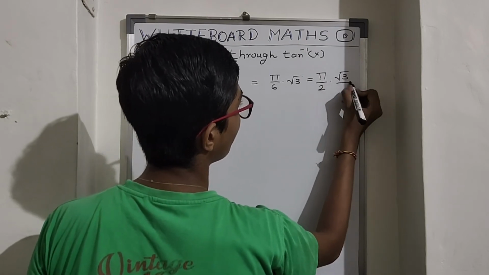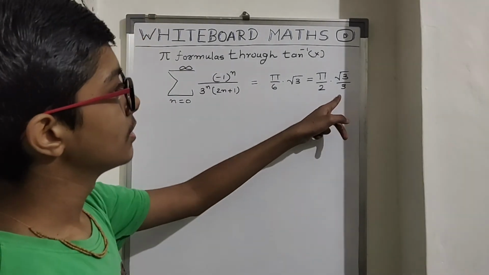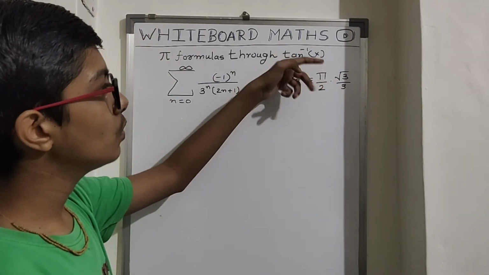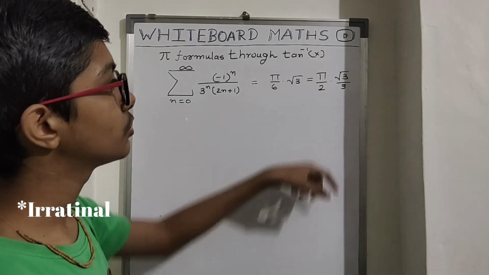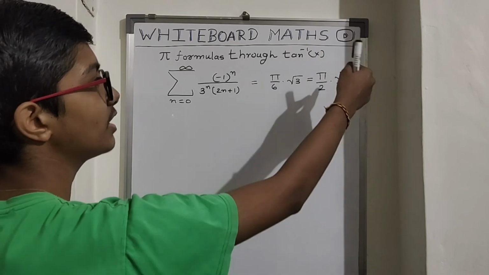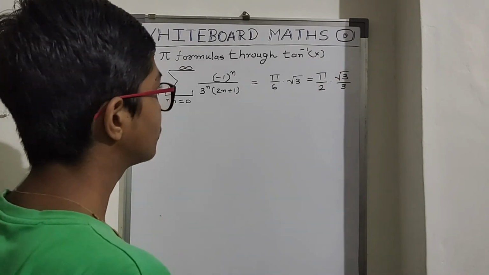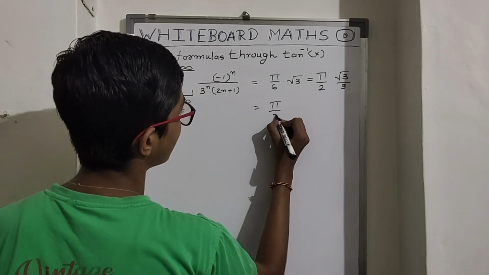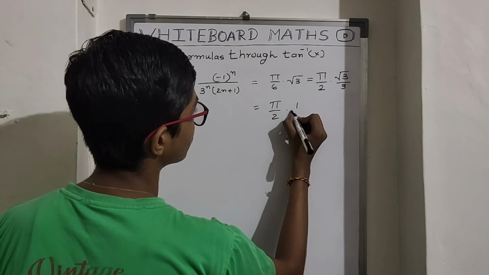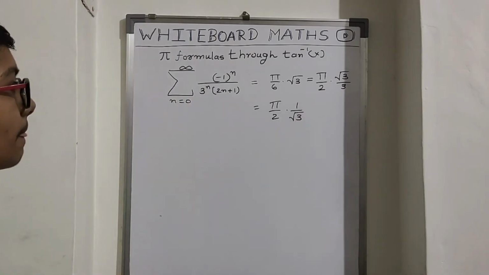We could now bring a rational denominator through dividing the numerator and denominator by 1 divided by square root of 3, and we would be left with pi divided by 2 times 1 divided by square root of 3.